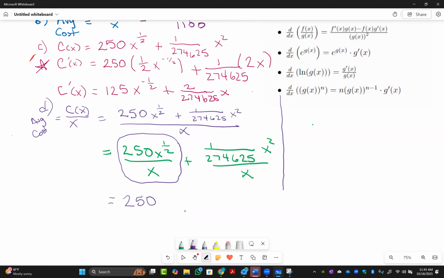No, that is wrong. What's the rule? If we have a base to a power divided by the same base to a different power, you subtract. So this is x to the 1/2 minus 1 power. Agreed?